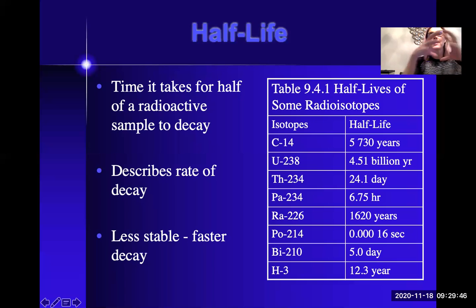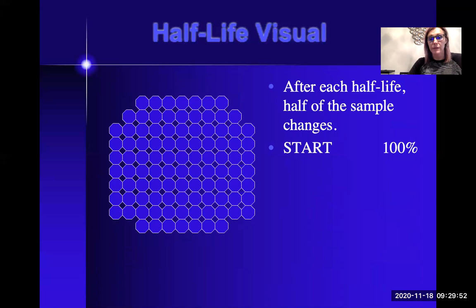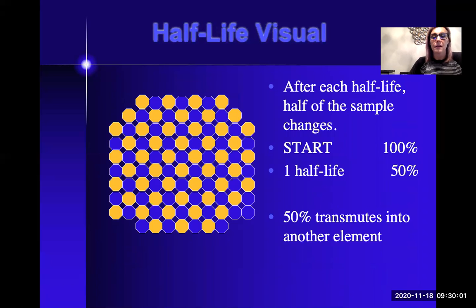And basically, when you're talking about decay, you're talking about the nucleus breaking down and the neutrons in it. So after each half-life, you get half of the sample. So say you start at 100%, the first half-life, 50%.